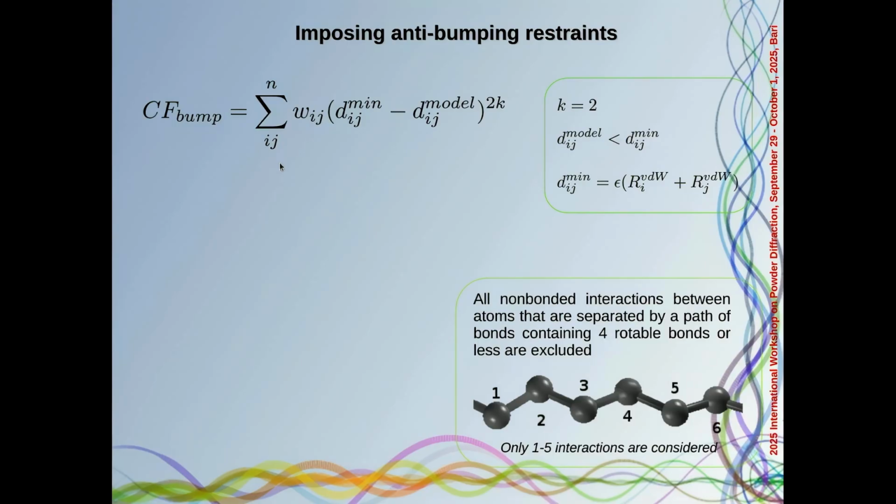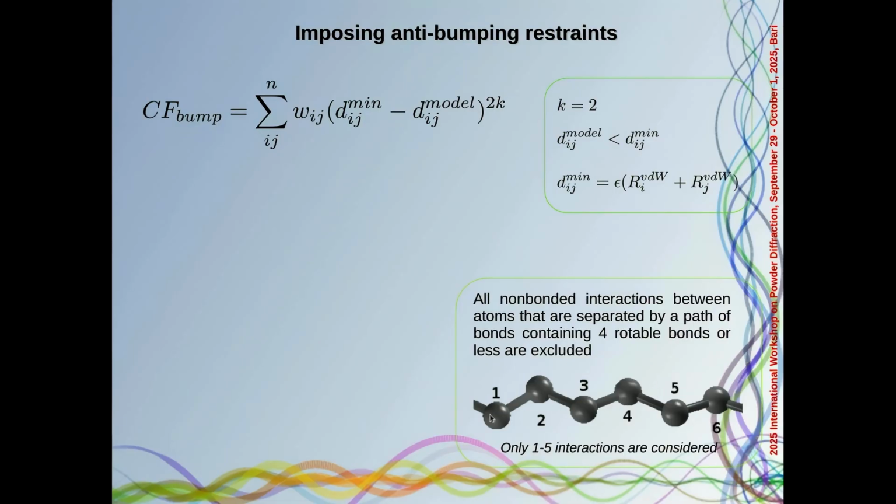This is not a really important aspect for you, but in general, the calculation of the anti-bumping restraint should be combined with an algorithm to filter the pairs of atoms, because if you have a chain of torsion angles, it is not necessary to apply the anti-bumping restraint between a carbon atom in position 1 and carbon atoms in position 3, or carbon atoms in position 1 and 4.